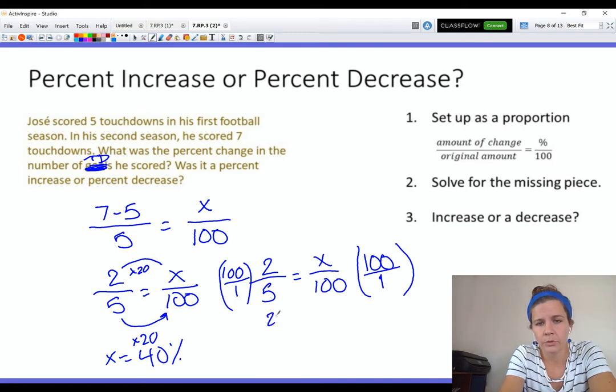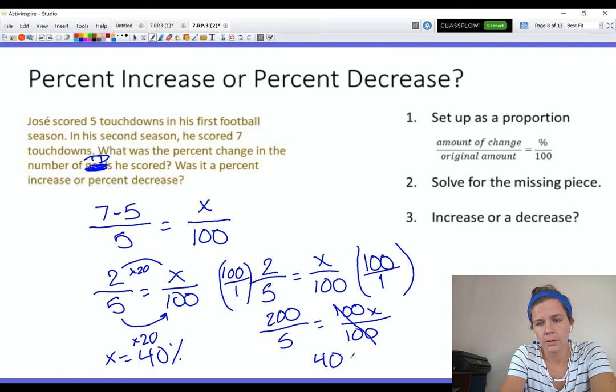So we have 200 over 5 equals 100x over 100. Well, these 100s cancel down to 1. 200 divided by 5 is 40%. That is x.